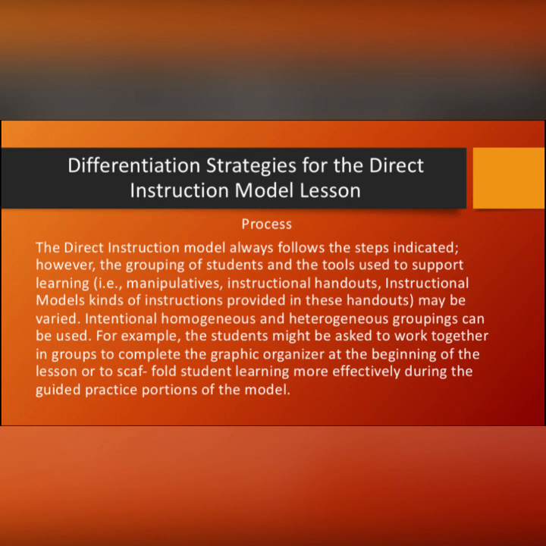Intentional, homogeneous, and heterogeneous groupings can be used. For example, the students might be asked to work together in groups to complete the graphic organizer at the beginning of the lesson, or to scaffold student learning more effectively during the guided practice portions of the model.